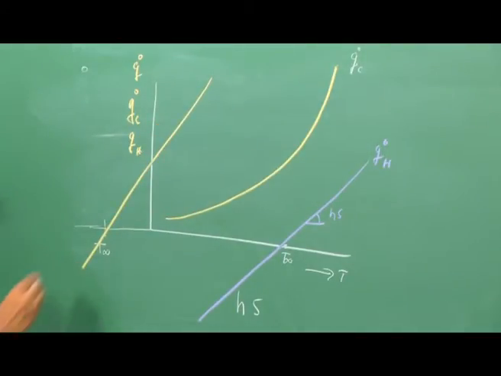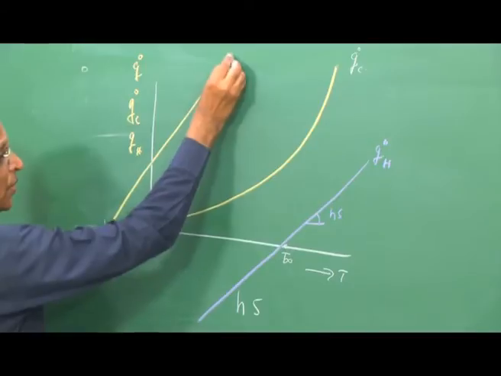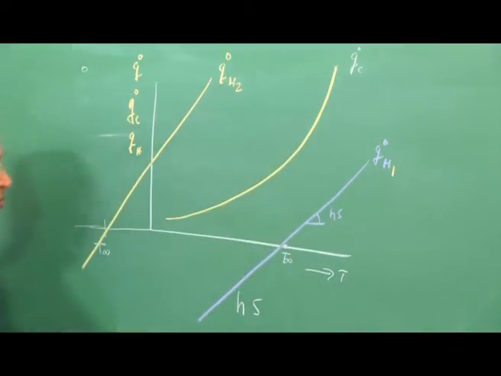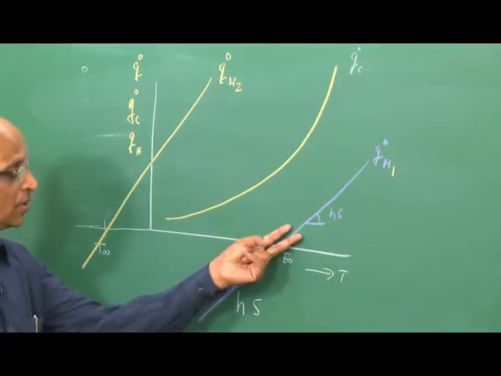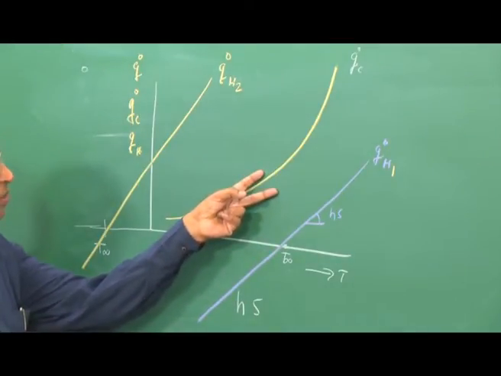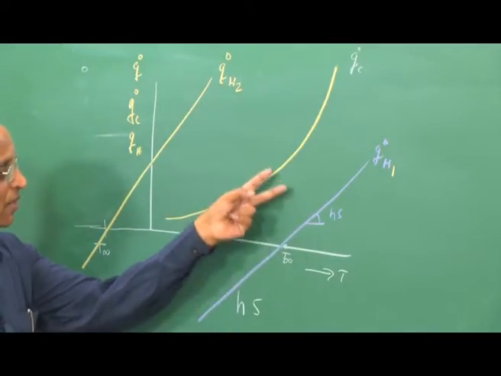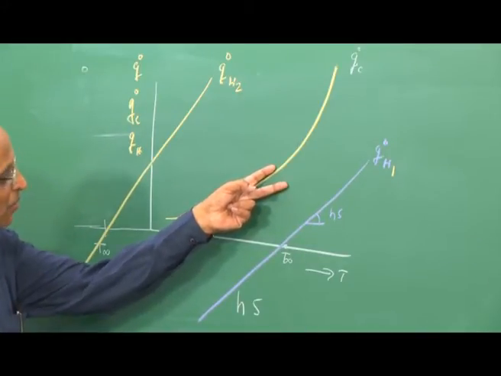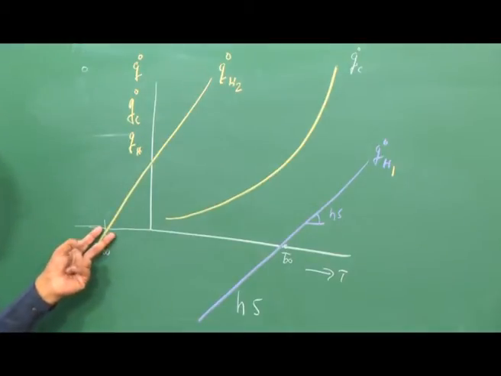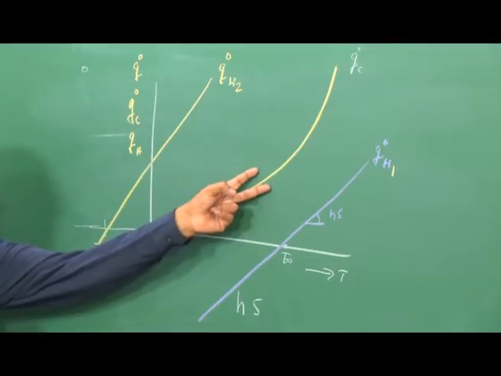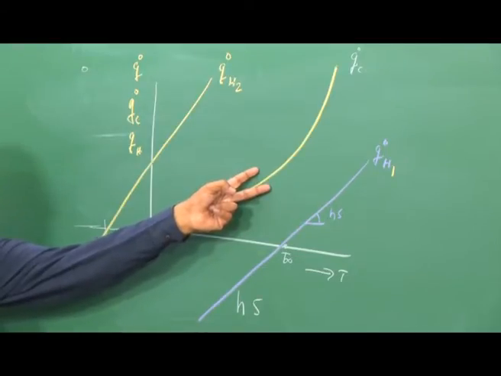In other words, this is my second curve here, this is Q dot H1, this is Q dot H2, and therefore, I tell myself if my heat loss is of this value, well, my heat generation curve is always much above my heat loss curve, and therefore, the substance will go into further reactions, that means there will be an explosion. But if my ambient temperature is so low that my heat transfer is very much higher than my heat generation rate, well, the explosion cannot take place.